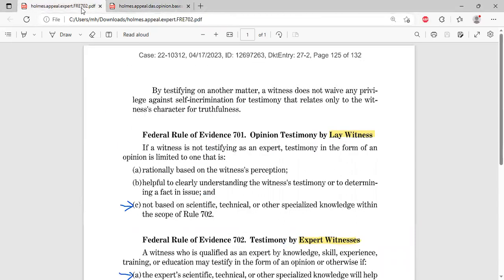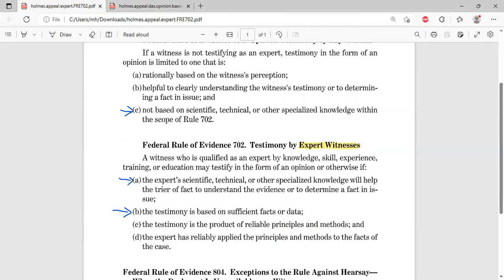So going back to the federal rules of evidence here, did Doss give scientific, technical, or specialized knowledge? Well, maybe it could be argued that doing that additional retroactive assessment of the patient impact, where he looked at validation reports and quality control data from 2014 and 2015, was the basis of his opinion to say that the technology did not work. So looking at B here, the testimony is based on sufficient facts or data.